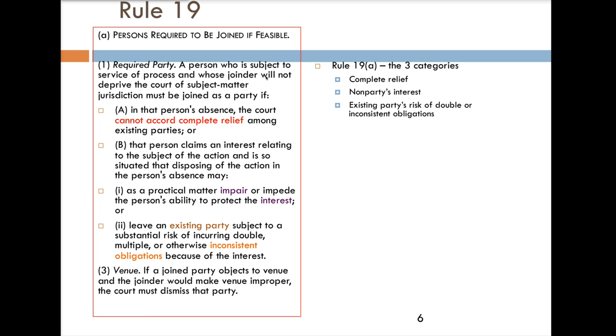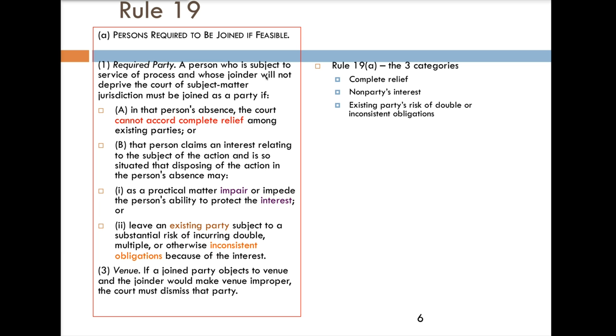So in that case, you have two inconsistent obligations, not by different courts, but nonetheless legal obligations. Another scenario we haven't talked about yet, where you could have an inconsistent obligation, could be two different court orders, if an existing party wants something, and that would preclude or result in the current defendant having inconsistent obligations.